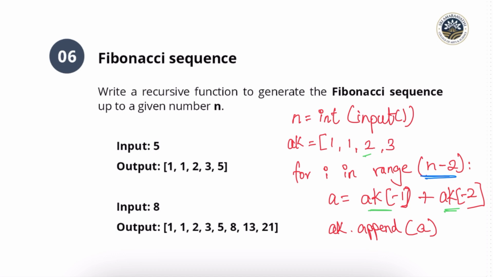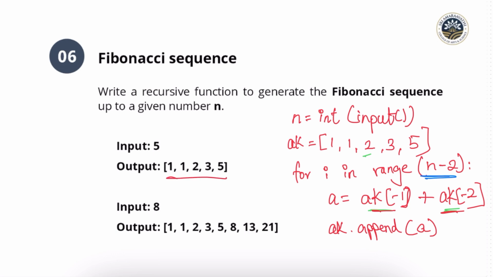And the third and last time, 3 times it will be taking, 2 times it has completed, and the third time it will take this value as 3 and this value as 2, and it will add them and insert, and 5 is inserted, and the final output result came.